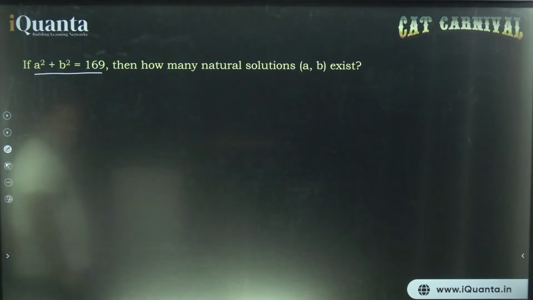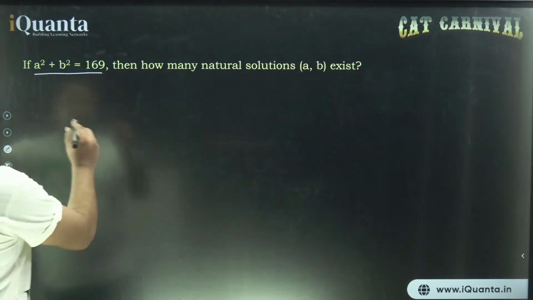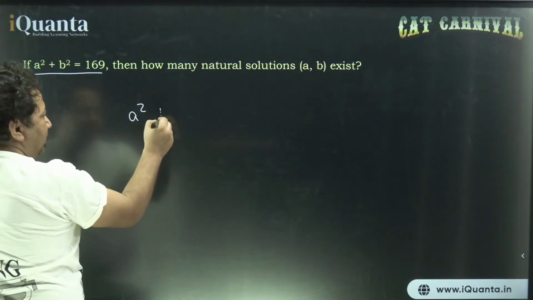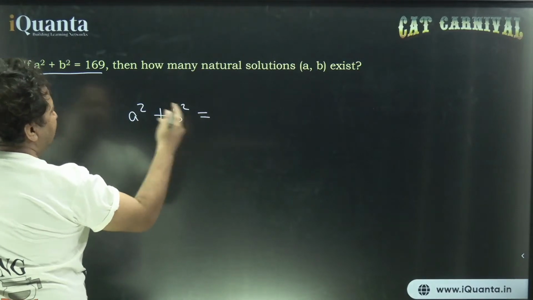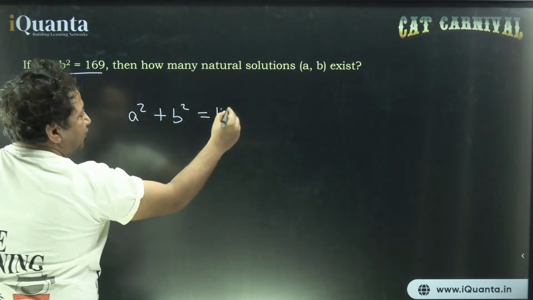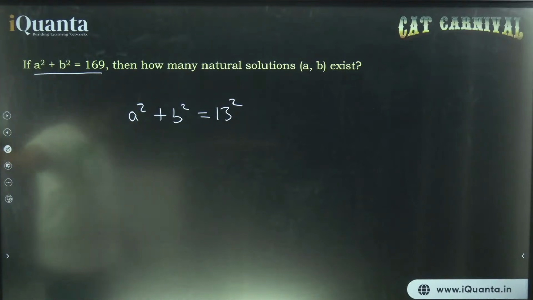How many will there be? First of all, we'll write it in the form of a square plus b square equal to c square. 169 is the square of 13, isn't it?